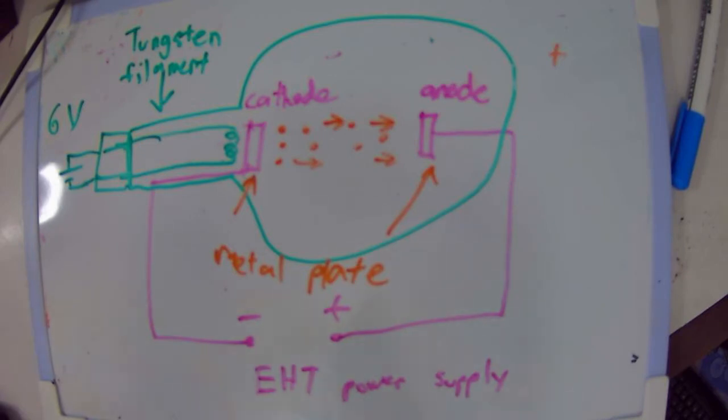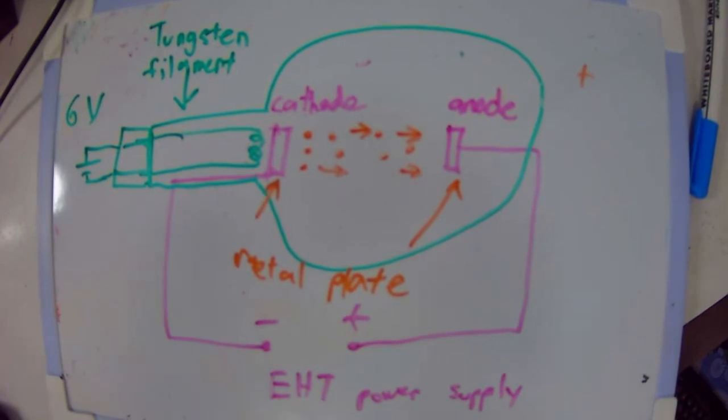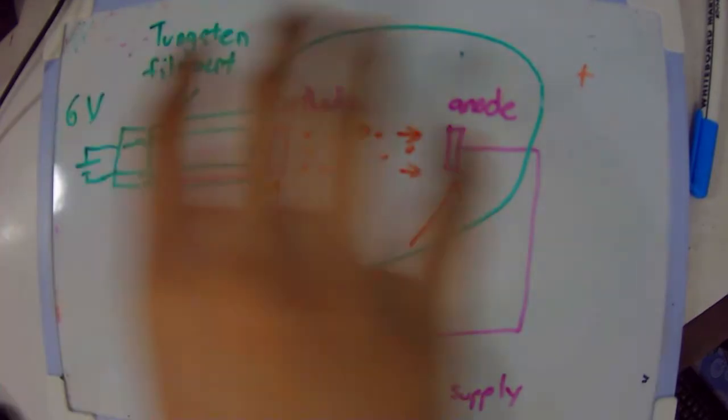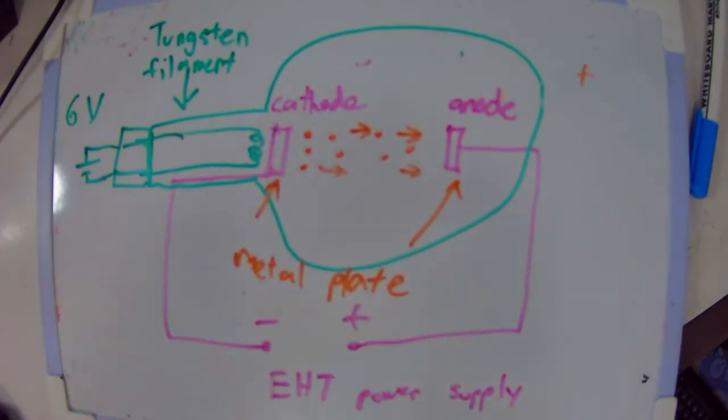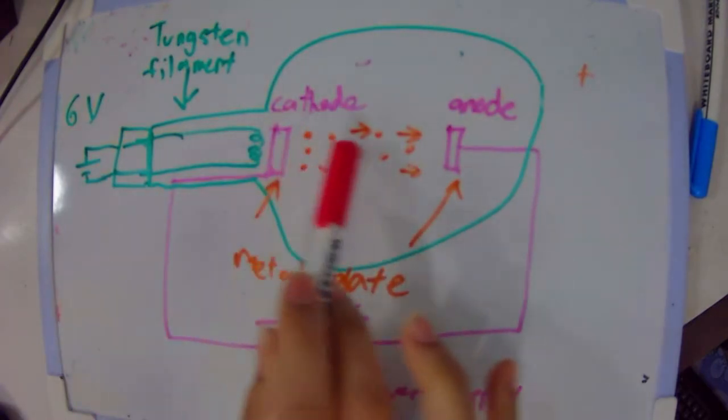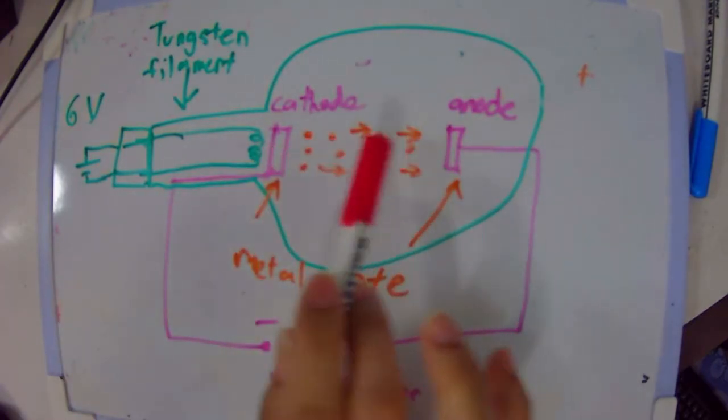Now, there are other ways of doing it. There are several different setups that are possible. I'm just showing the one that's in the textbook. What is interesting is you've created a situation where you have essentially a pure beam of electrons.